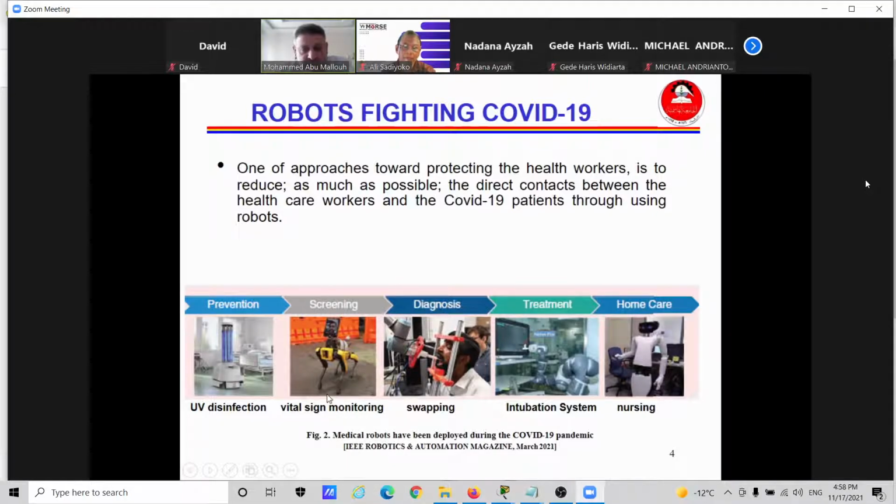This figure was taken from the IEEE Robotics and Automation magazine in March 2021. It shows some of the main areas where robots can be implemented.